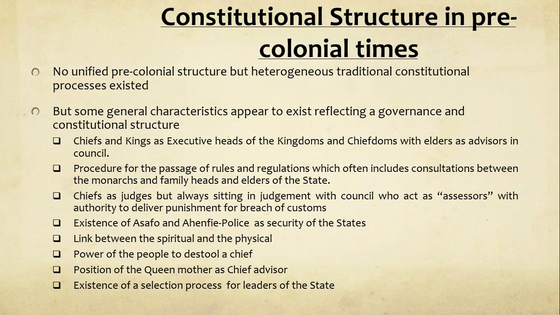If for nothing at all, we know the executioners, Abrafo, right? The executioners are also the same as the Ahimfie police because the executioners are police, in the traditional setting, so to speak. So they will ensure that people comply with orders of the chief.